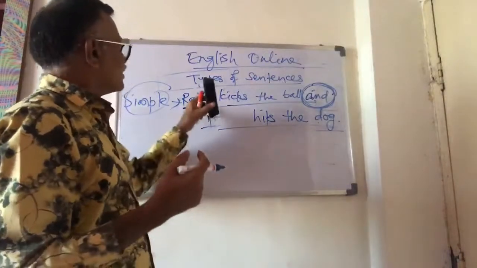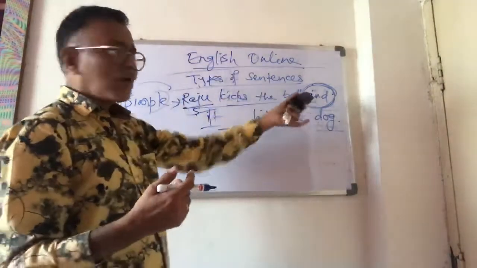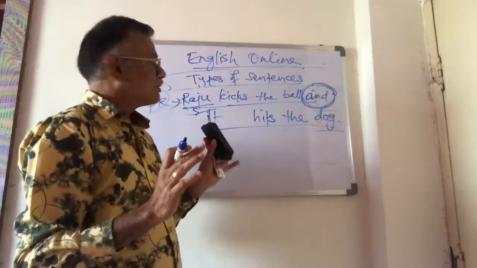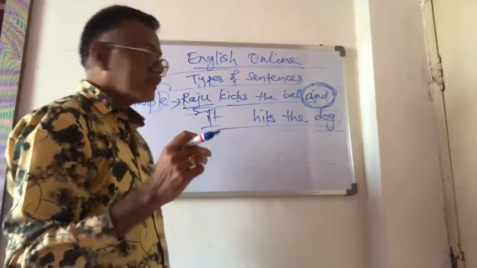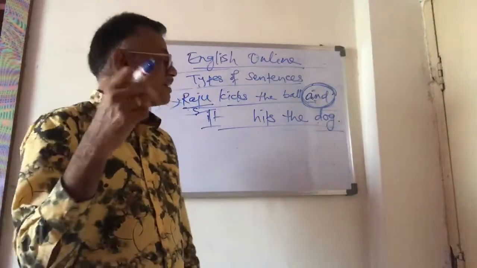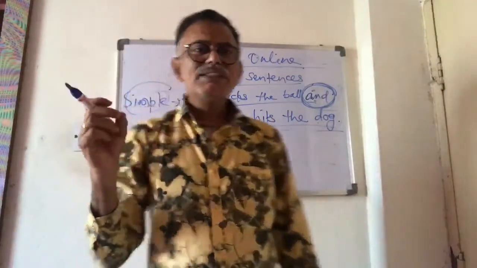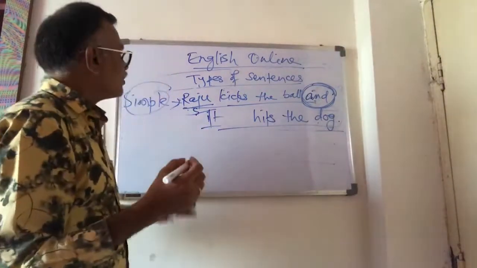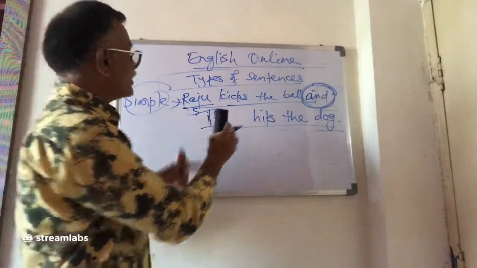In any case, if we remove this compounding word, the meaning isn't affected at all. Two or more sentences joined together by a compounding word, we call a compound sentence. So this is a compound sentence.